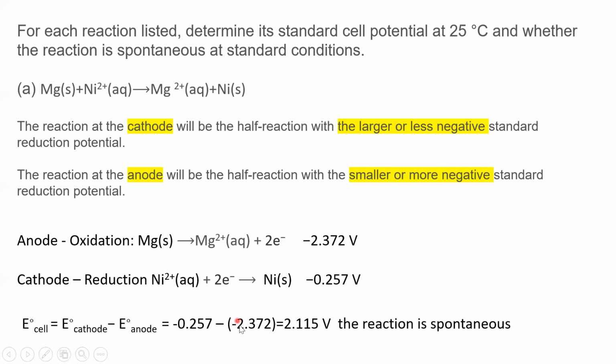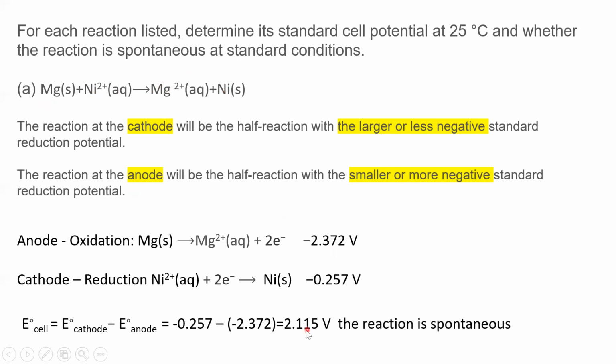Subtracting a negative is the same as adding a positive. We end up with a positive voltage difference across this cell. That means this reaction is spontaneous. So magnesium being oxidized and nickel ions being reduced will take place spontaneously.